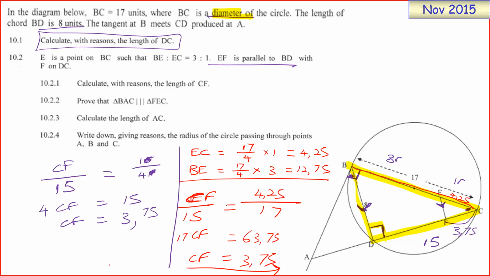Yeah, both are allowed. Okay, let me go back to the first method because I think some of you got confused there. What I said is CF over 15 in terms of ratio. It's actually 1R over the entire side. The entire side is actually 4R. So I haven't used 1 over 4. I used 1R over 4R. And what happens? Your R's cancel off.